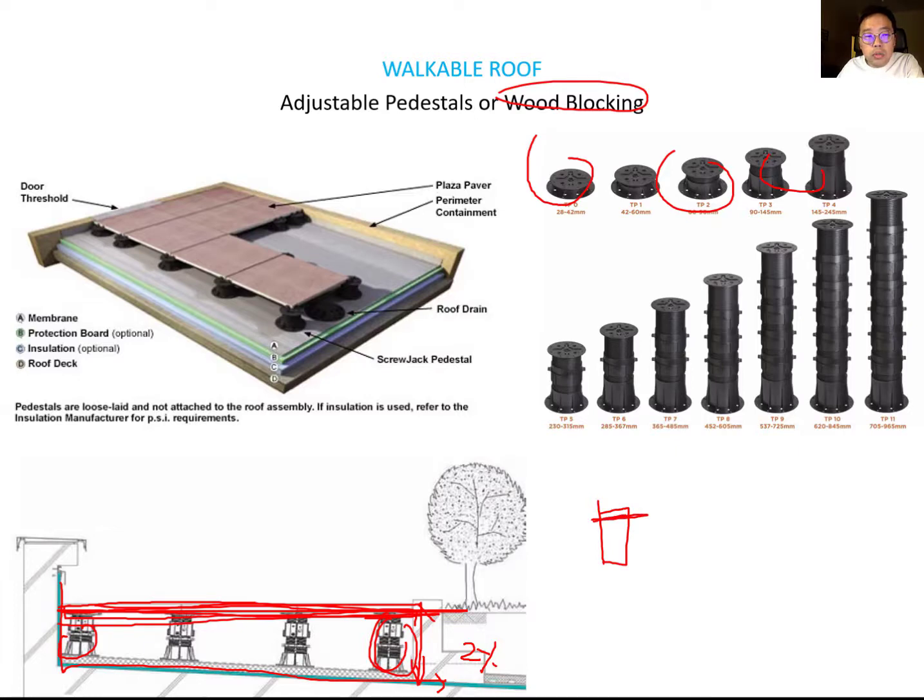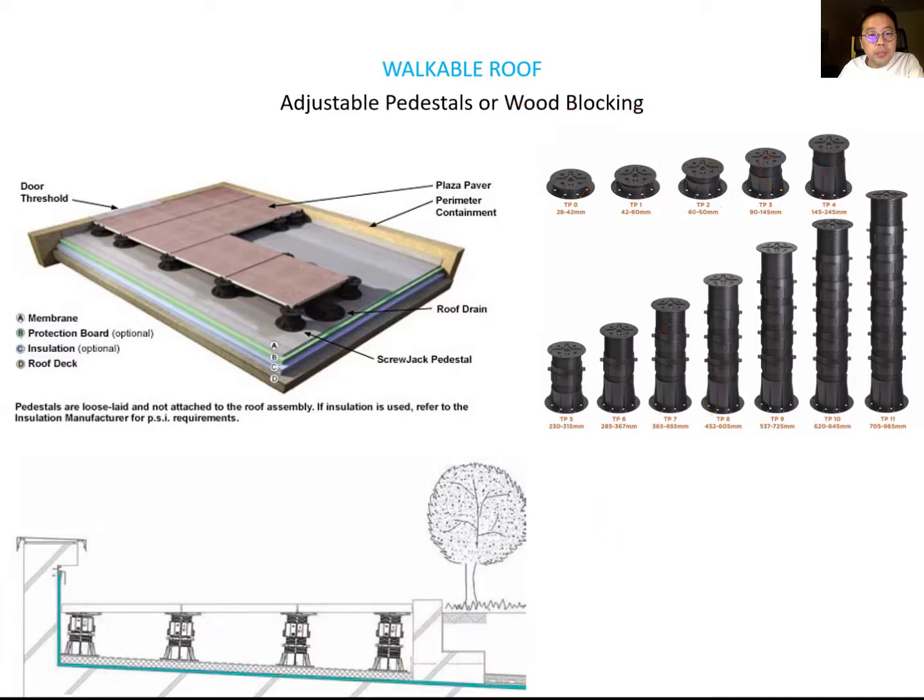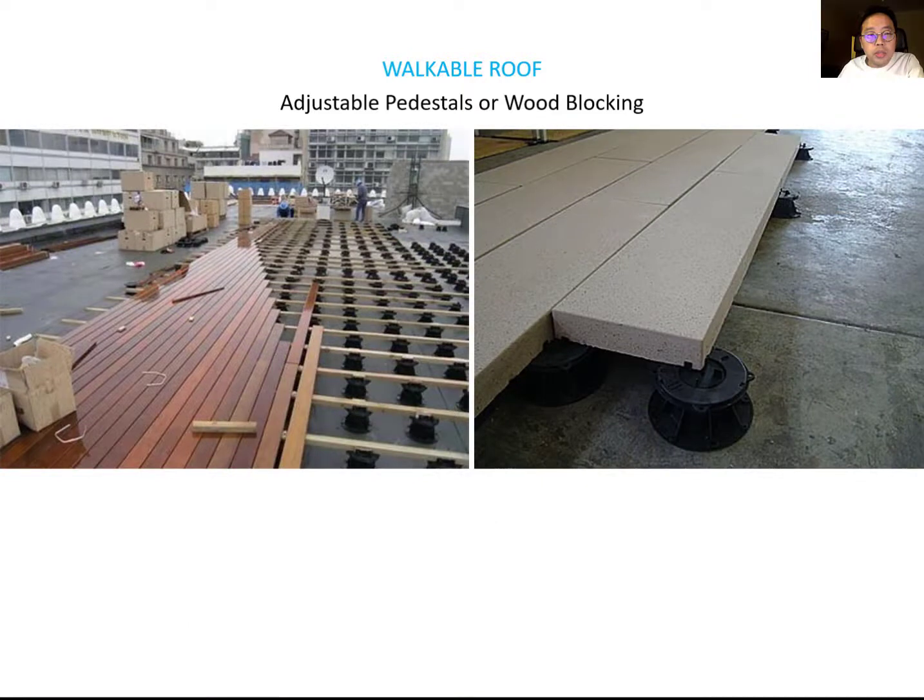So to make this flat roof, you can shape the wood blocking, or you can use this adjustable pedestal material. You can see the construction image. You see the pedestal, and then the installed wood decking, and also you can add this stone paving decking over the pedestal.